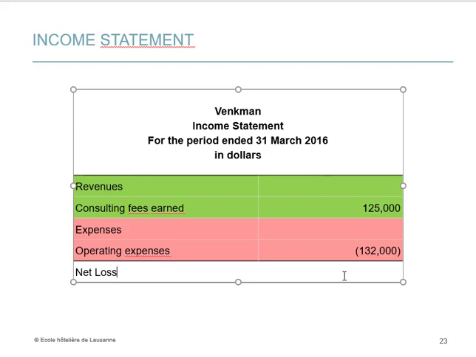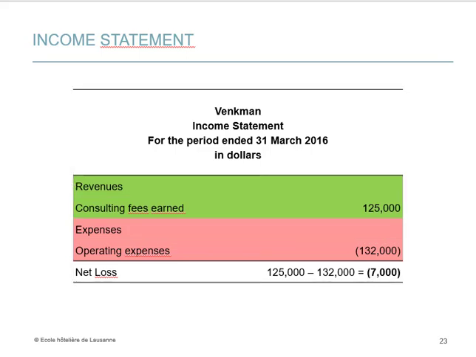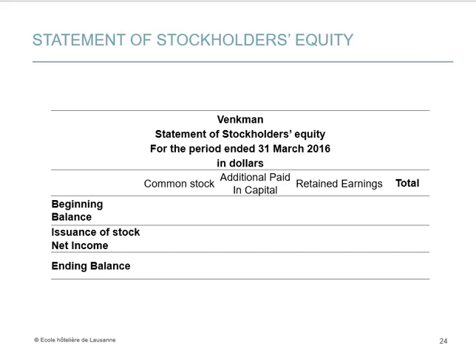We are not earning income. The net loss will be equal to 125,000 minus 132,000, which gives us a loss of $7,000. So here is the final amount that I will include afterwards in my statement of stockholders' equity. So, the net loss.